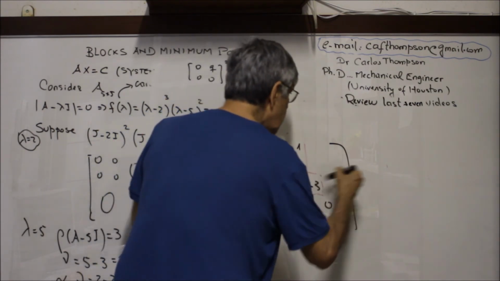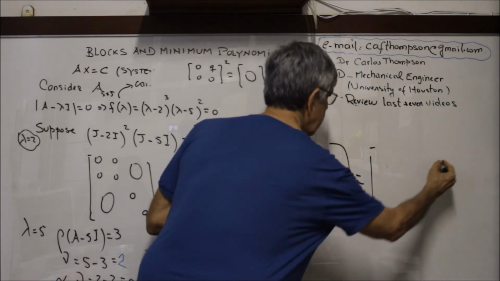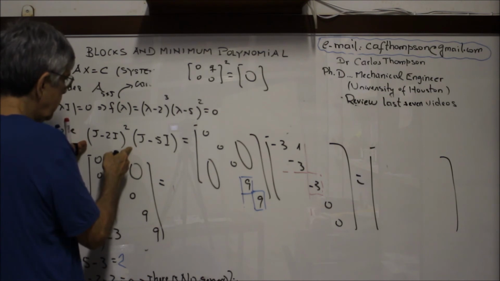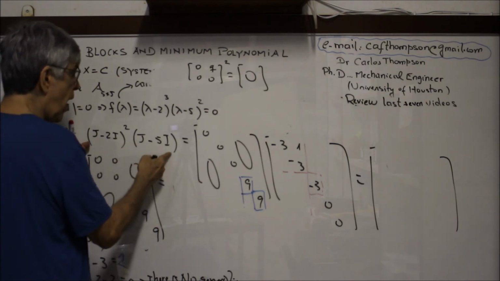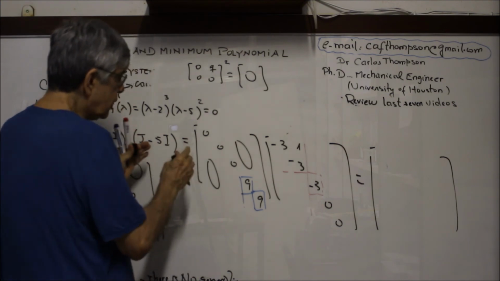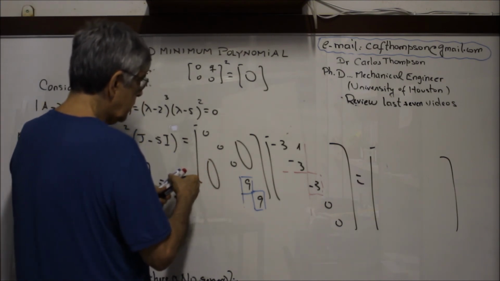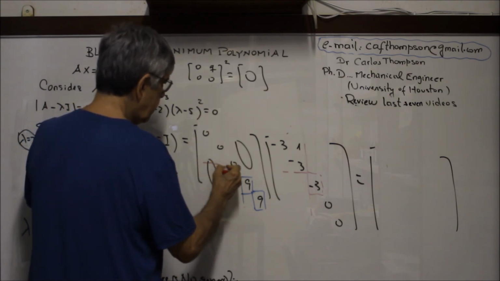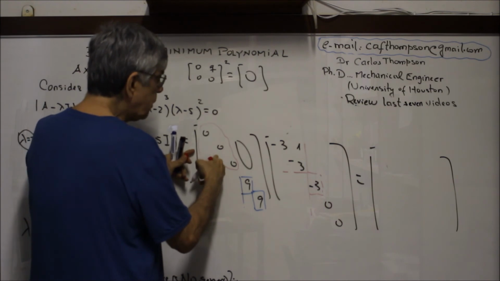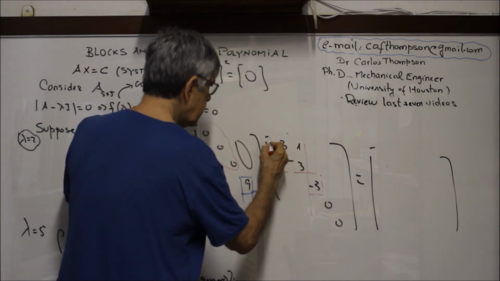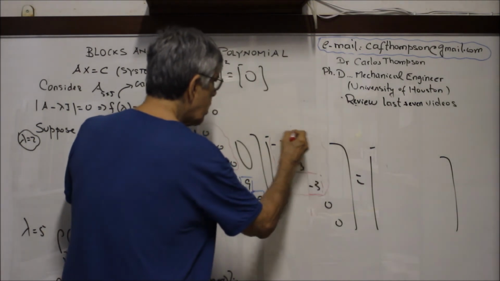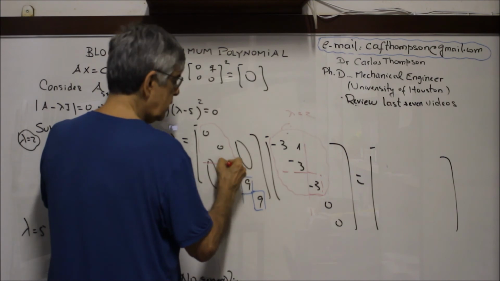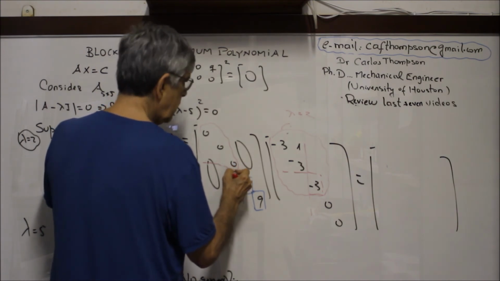Now, just look. J minus 2i squared times j minus 5i is equal to, you see, this block here, when I multiply by this block here, this belongs to lambda is equal to 3, 0.